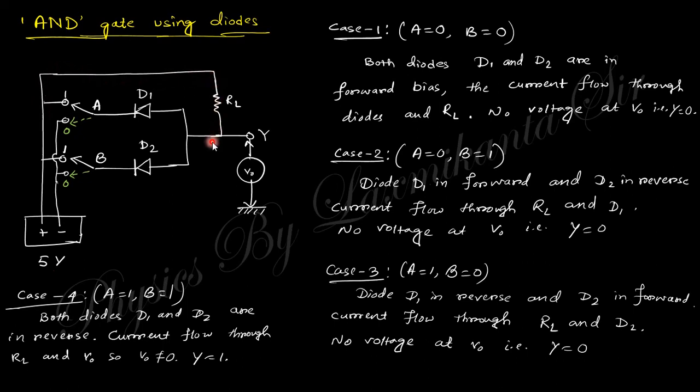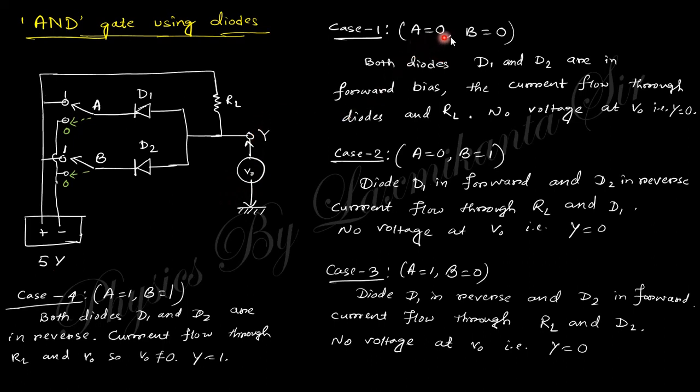The current flows through RL and passes through diode 1 and diode 2 when both inputs are 0. Both 0 means these are in forward bias. No current flows through the voltmeter. That's why we obtain 0 output at this point.